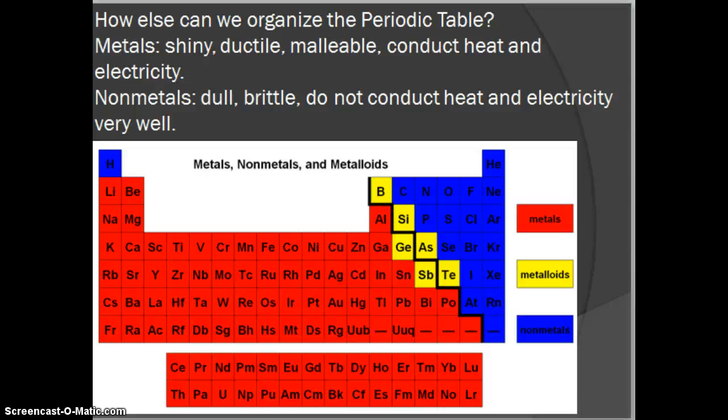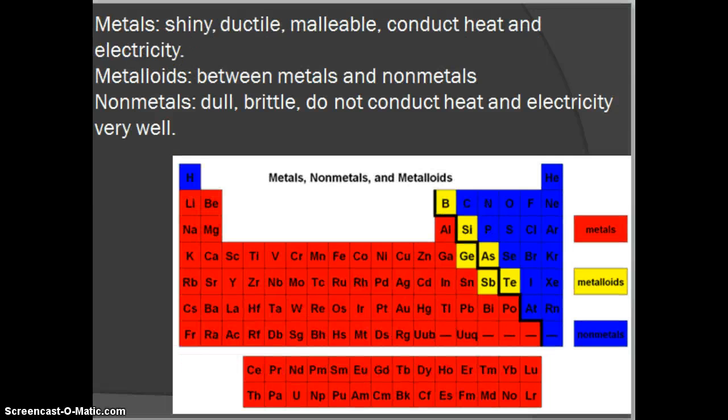Hit pause, get an answer. Metalloids are between metals and nonmetals. And so some of them kind of conduct. Some of them are kind of brittle. Some of them are kind of shiny. They're the kindas because oid means somewhat or like, or in other words, kinda.